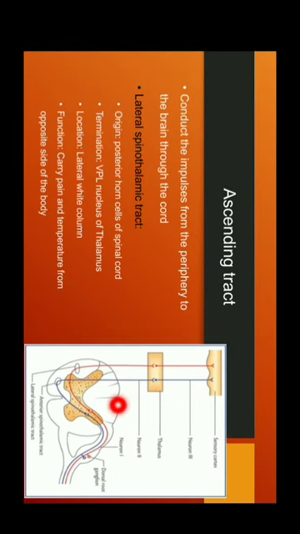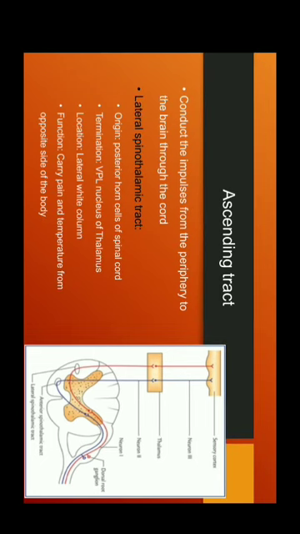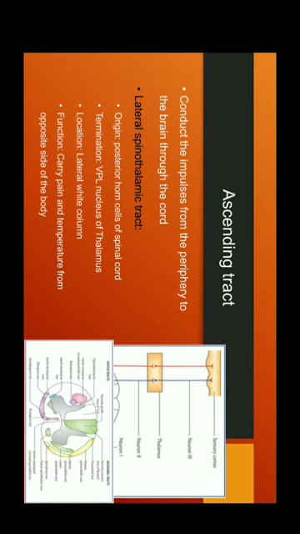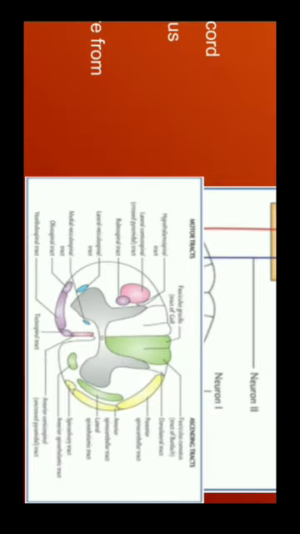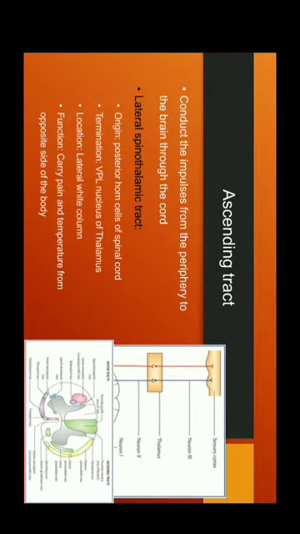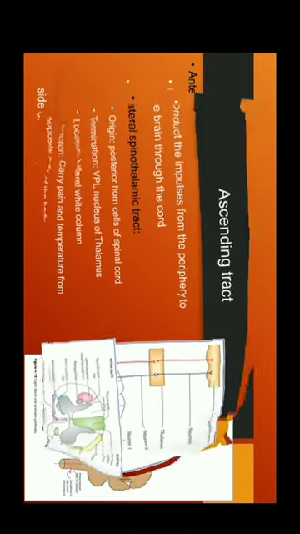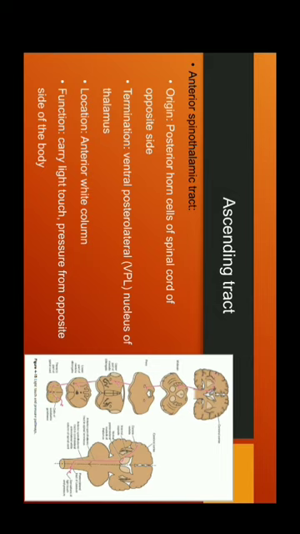So along the anterior column, right here, is the anterior spinothalamic tract. This anterior spinothalamic tract carries light touch and pressure from the opposite side of the body.